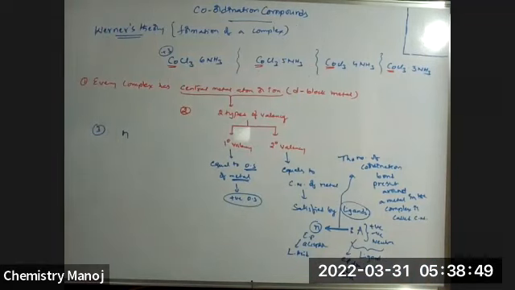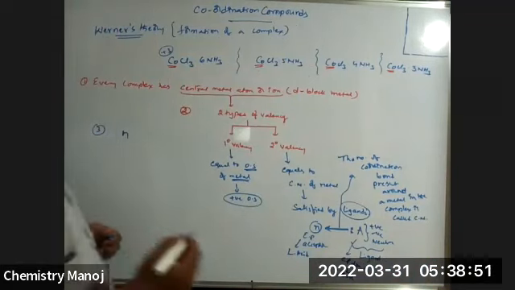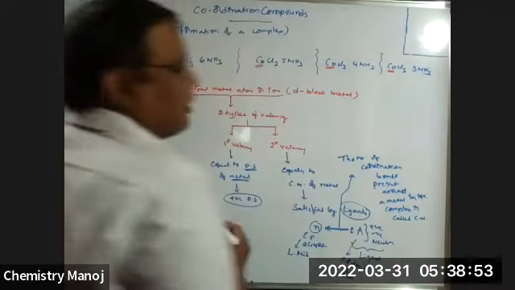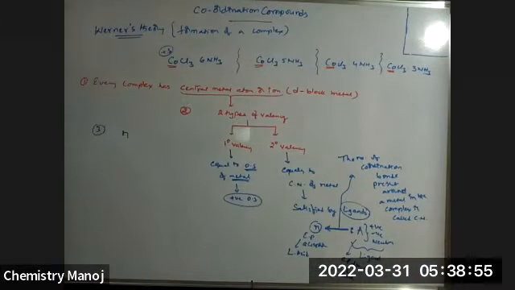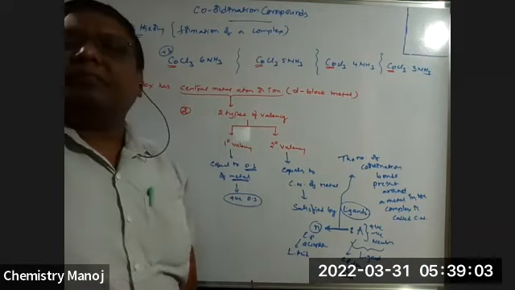The number of coordination bonds present around a metal or metal ion in the complex is called the coordination number. That coordination number is nothing but secondary valence.